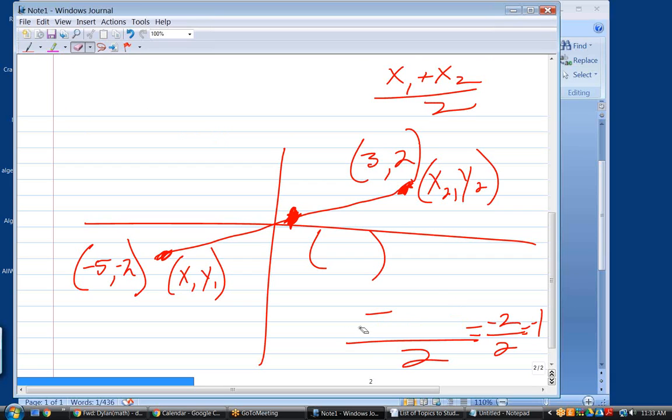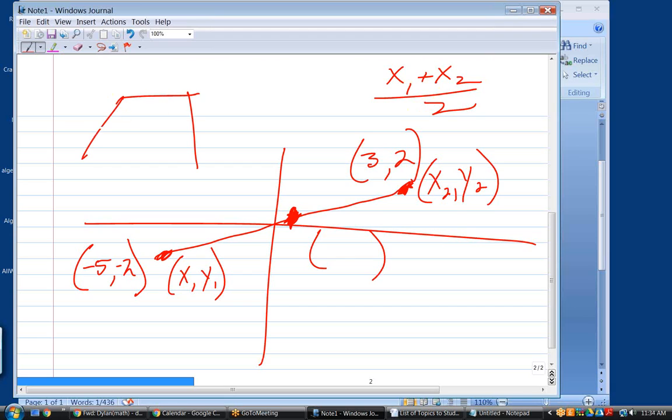So when you're talking midpoints, this is huge. This is going to apply to a midpoint between 2 points. It's going to apply to a midpoint of a line segment. And it actually applies to a midpoint or a mid-segment of a trapezoid.